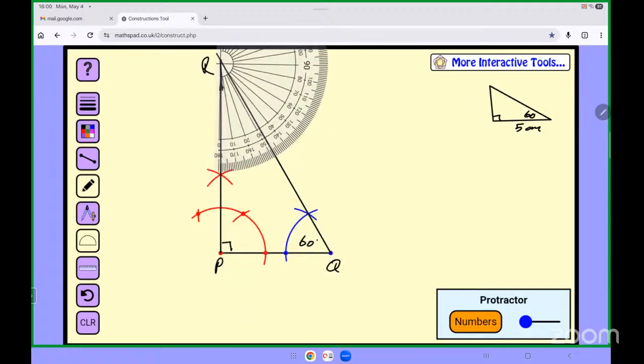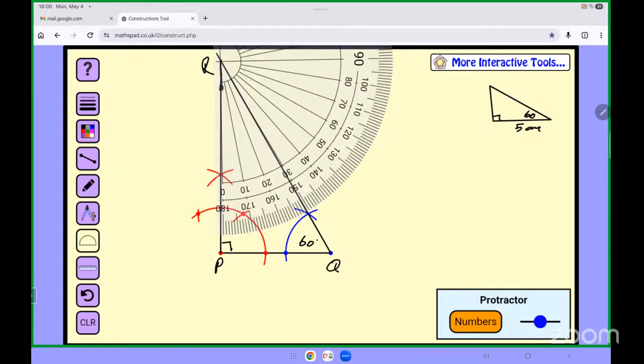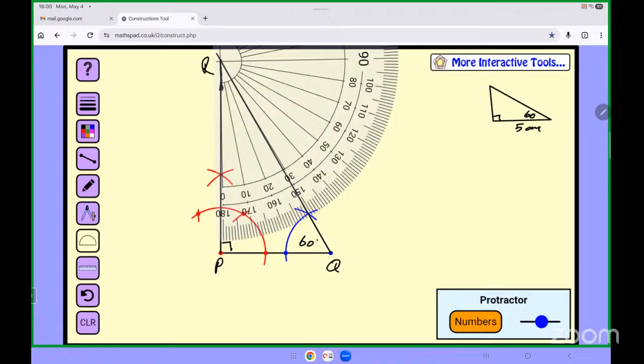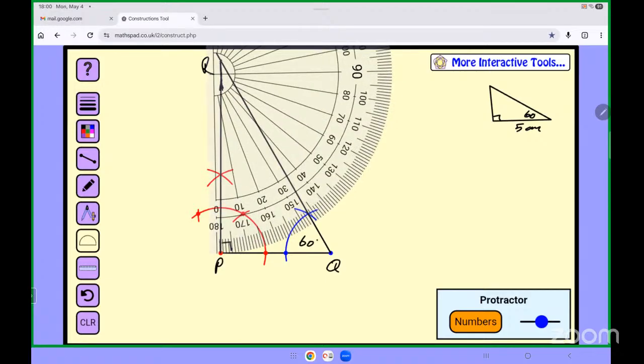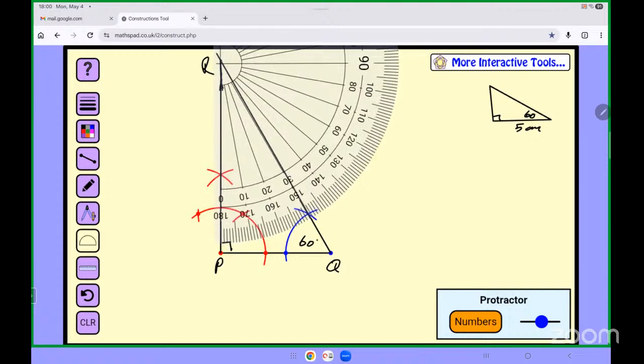Come up at the point right there, rotate down, make sure your baseline passes through 0. Voila, right on the 30 degrees. You see that? 30 degrees. Baseline passes through 0. You read the 0 scale.